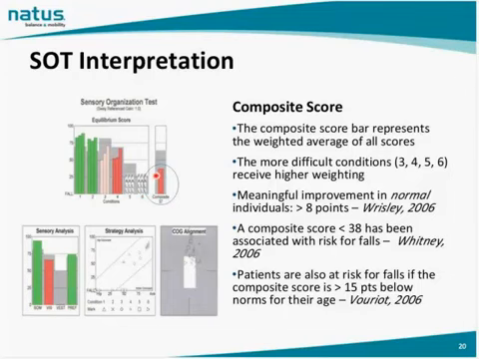That can have a significant amount of information in terms of whether or not you're looking for meaningful improvement or the possibility of risks for falls. That data can then be further subdivided into a sensory analysis, a strategy analysis, and center of gravity alignment, which we will discuss individually in a moment.